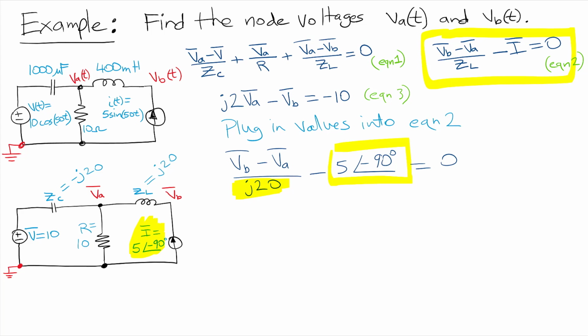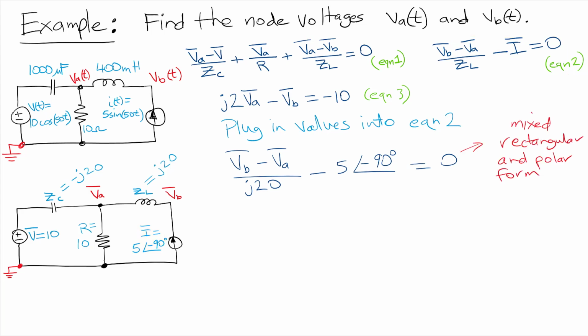We also see that the negative sign is here, so we didn't lose that. All we're doing is plugging in the things we found. But we have a problem. How are we going to manipulate the equation we've just developed? The problem is that this is in mixed rectangular and polar form. This one here is in rectangular form.